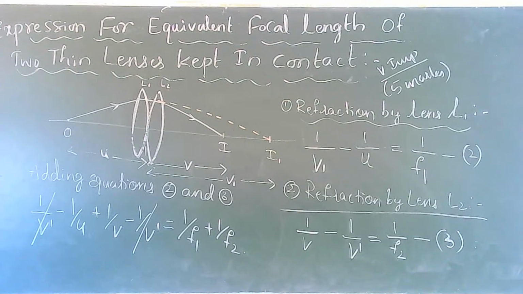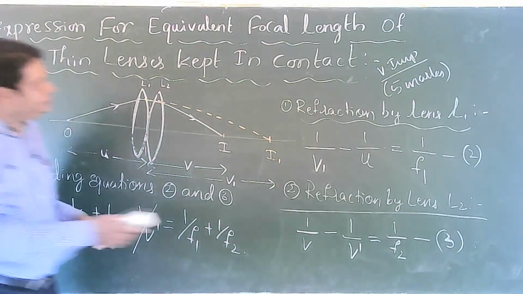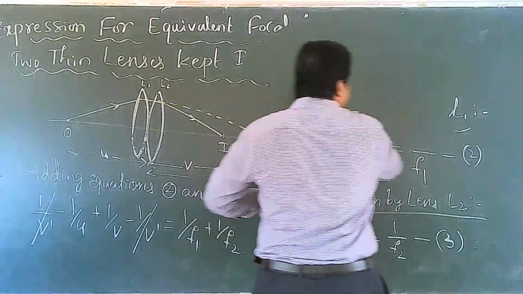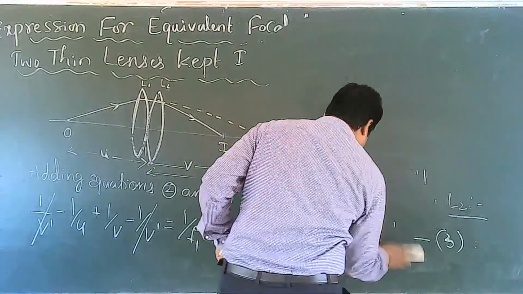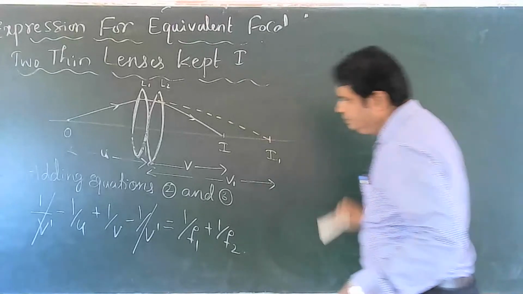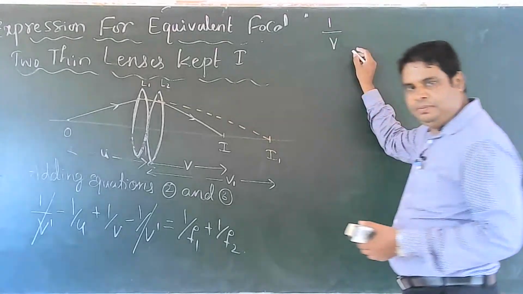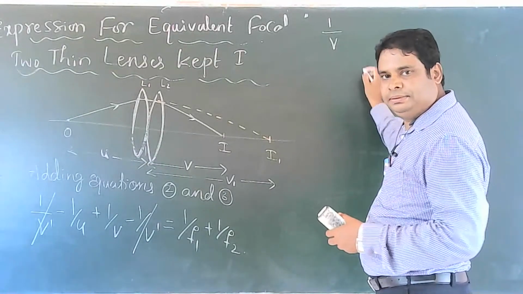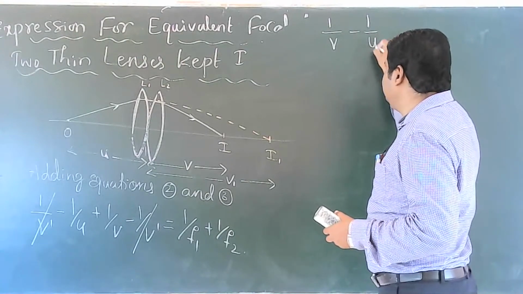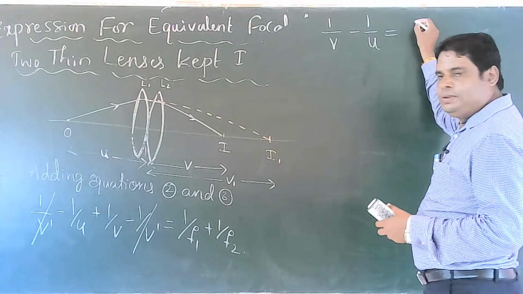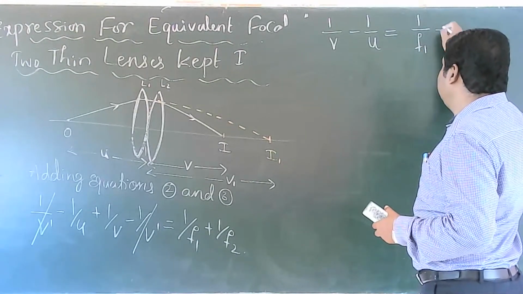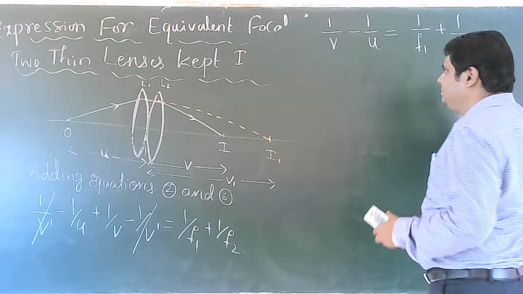I will write 1 by v first, no problem. Correct? 1 by v minus 1 by u is equal to 1 by f1 plus 1 by f2.